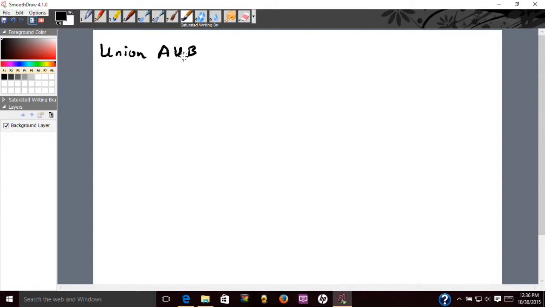Notice it does not have a tail like a U. That's the way I like to remember it: this kind of looks like a U, but is not. Do not write this with a tail, because what you're really saying if you did that is A universal set and B. So let me just take that off of there. Be a little careful about writing these out. Okay, let's go back to that one.